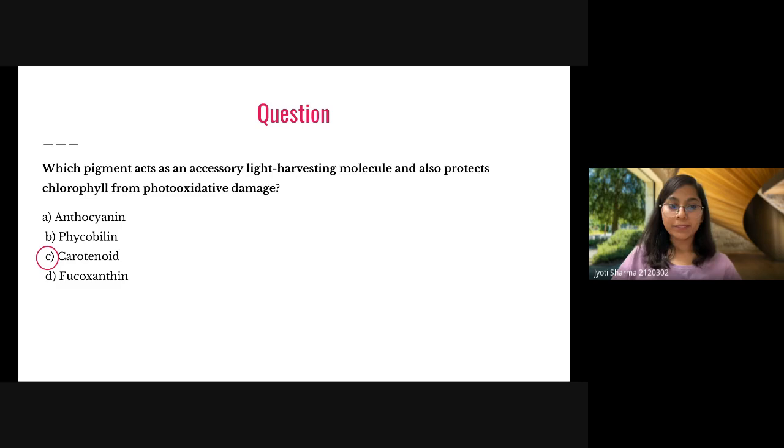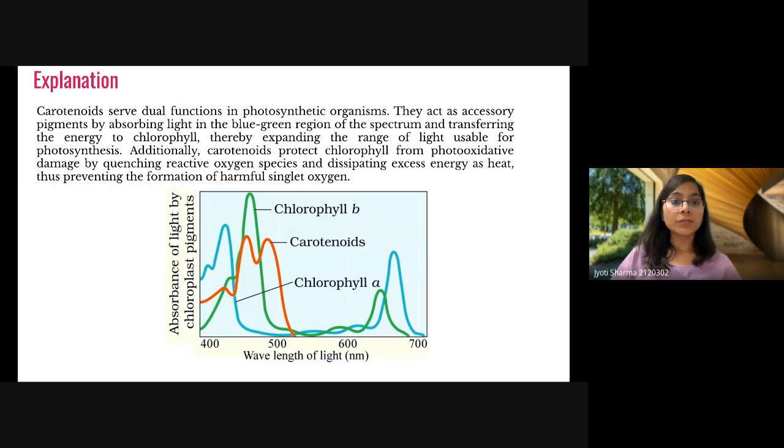So this pigment is carotenoid. And let me show you the explanation of this. So just see here, we have chlorophyll, right? We have chlorophyll A, chlorophyll B, and I told you we have the peak of this. Just see the peak of this, and this is near to 480 nanometer.